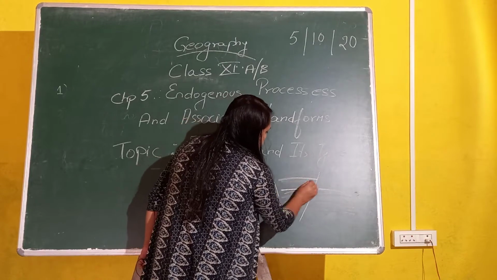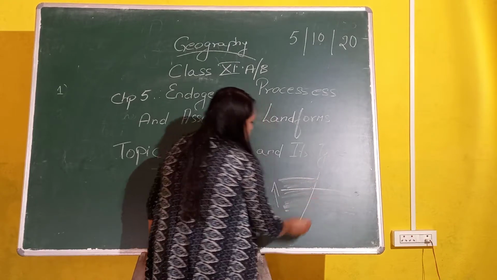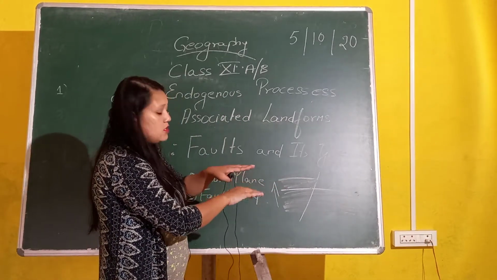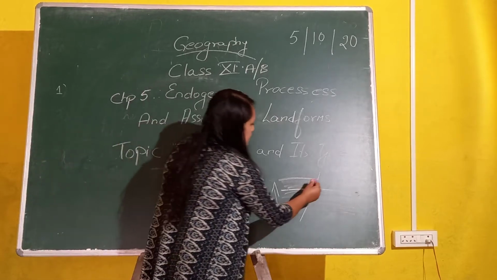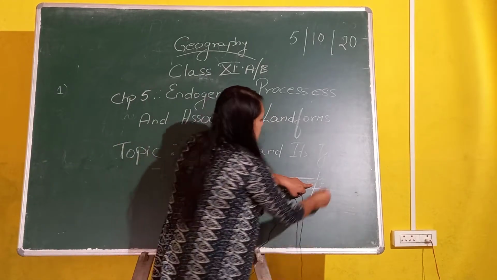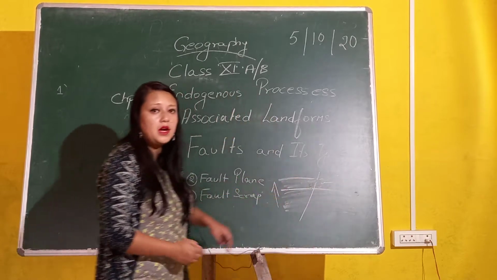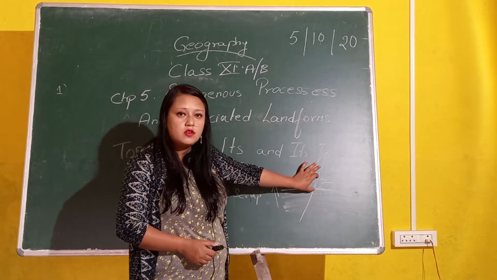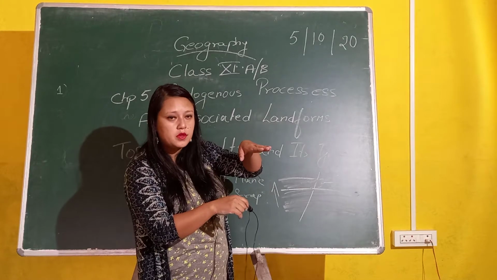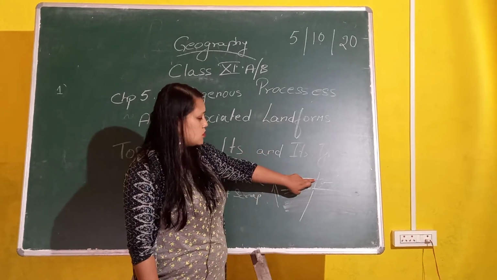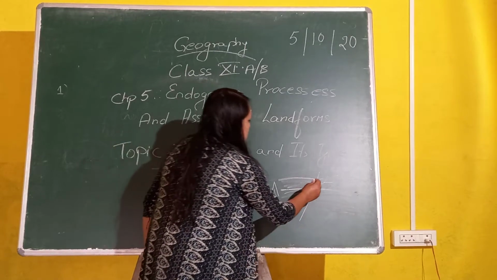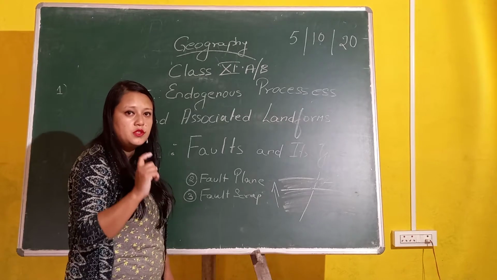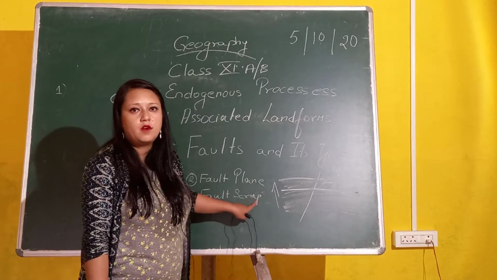Because of the crack, one part of the land moves upwards, and a part of the surface is exposed. This part of the surface which is exposed, or this part of the crack which is exposed, is known as the fault scrap.